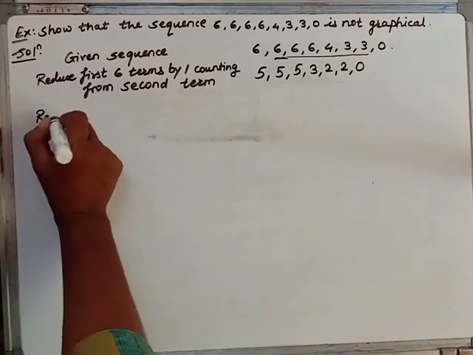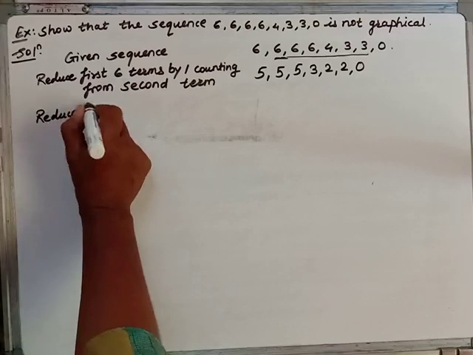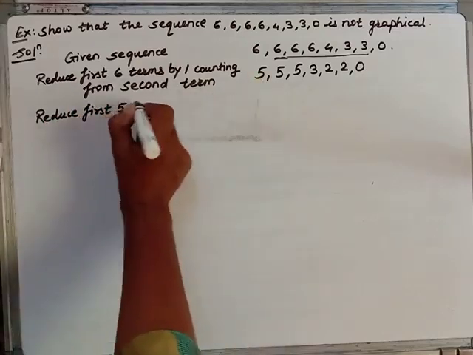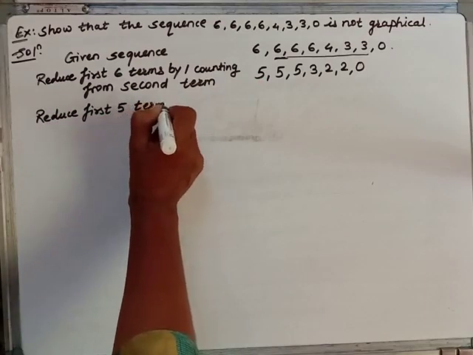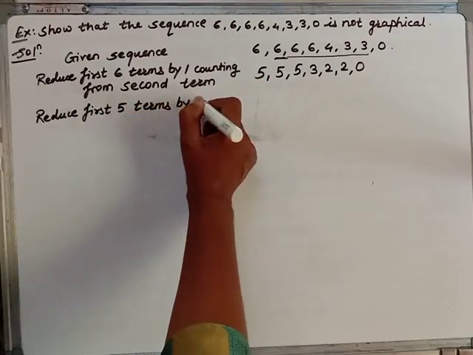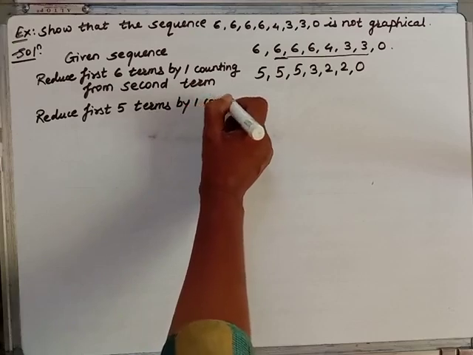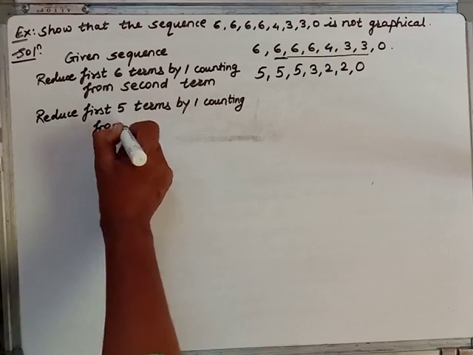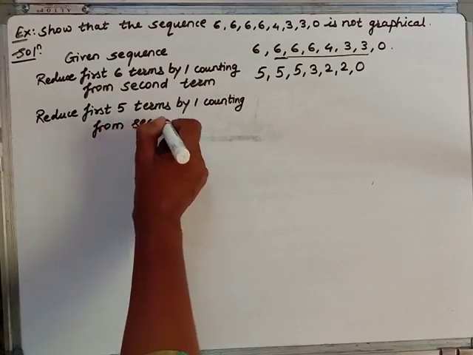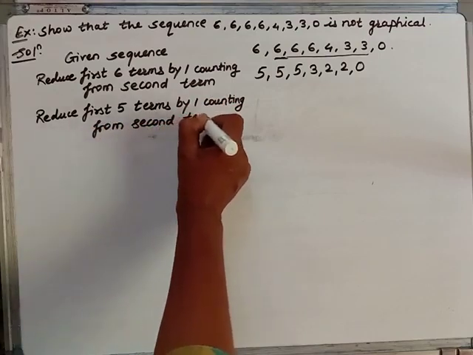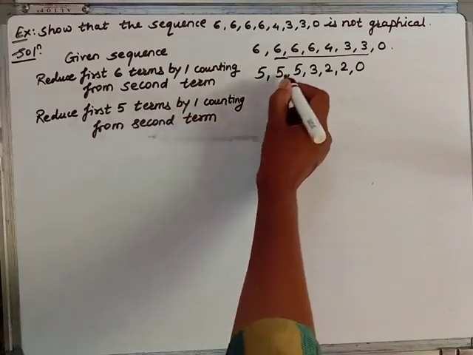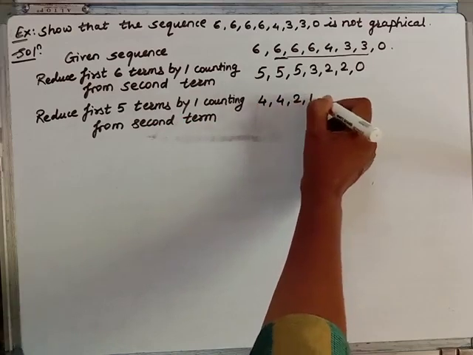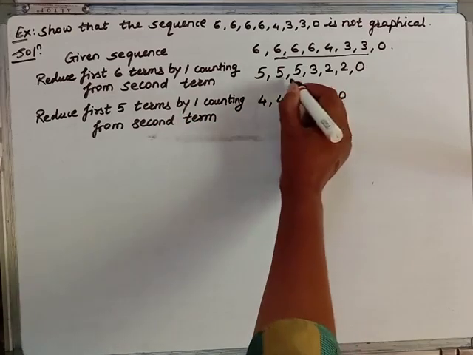Again, reduce the first 5 terms by 1, counting again from the second term. So this gives 4, 4, 2, 1, 1 and this is 0. These are the 5 terms.